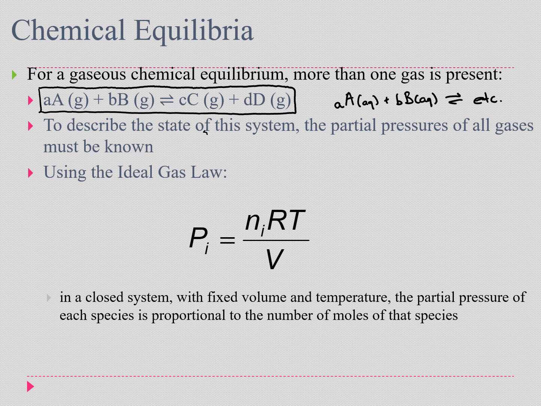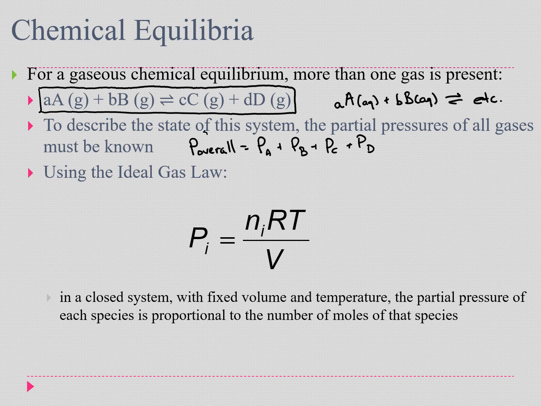Notice that if I wanted to talk about this system, we could talk about it by each one of the partial pressures, because the pressure of the overall system would equal the pressure from gas A plus the pressure from gas B plus the pressure of C and the pressure of D. Remember that the overall pressure is the sum of all of our pressures.